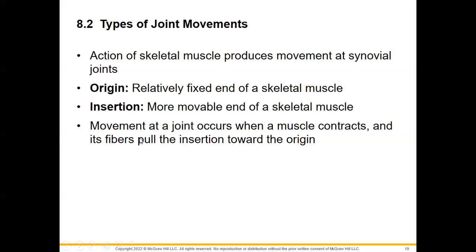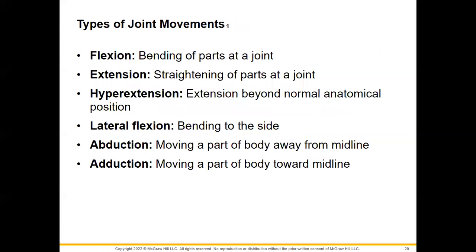Movement at a joint occurs when a skeletal muscle contracts and the fibers pull the insertion toward the origin. So remember, this is the movable end. This is the relatively fixed end. When a muscle contracts, this end is moved closer to that end, and that is what produces body movement.